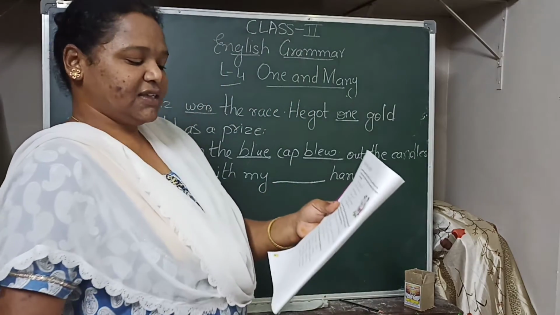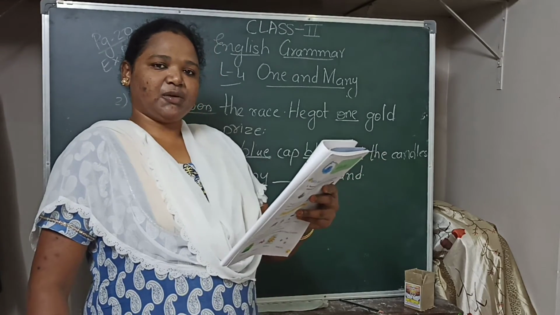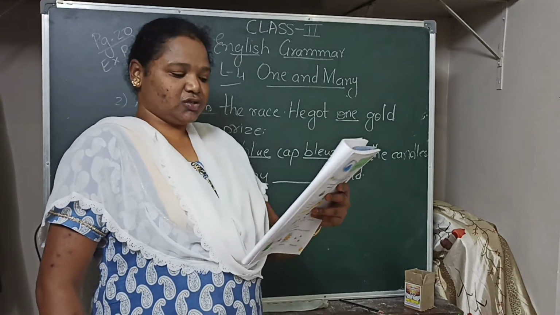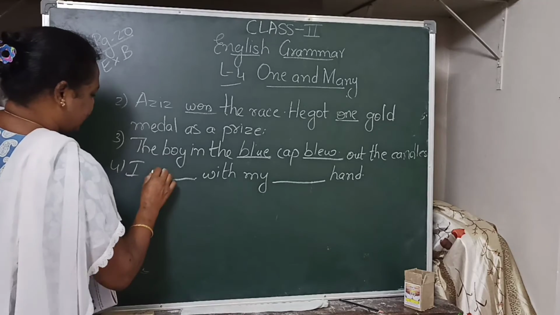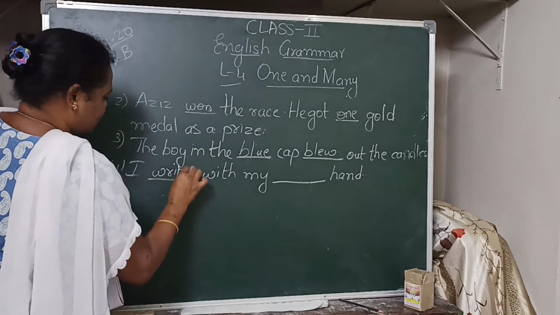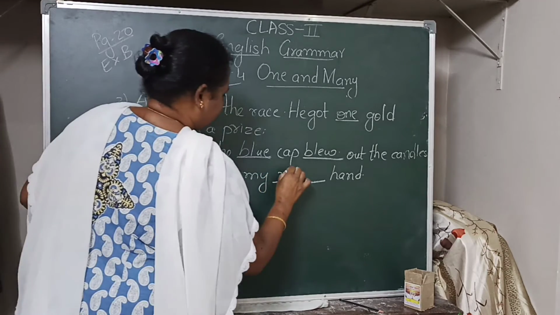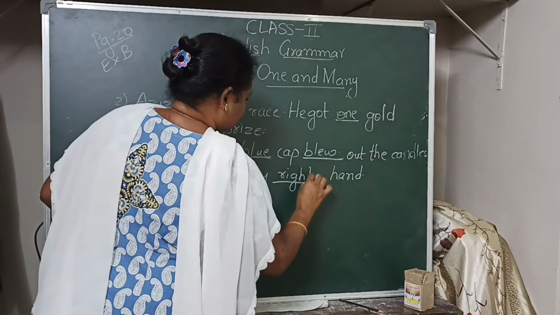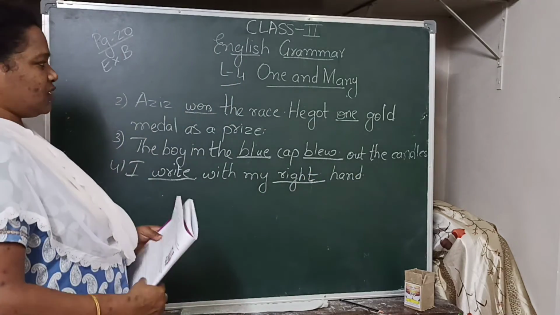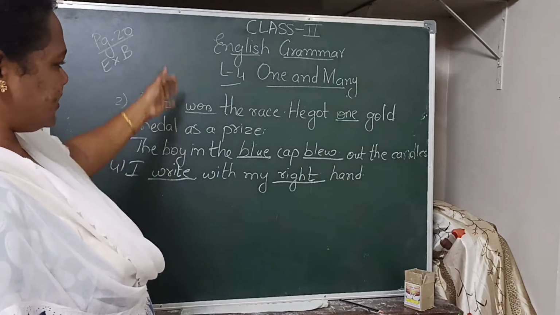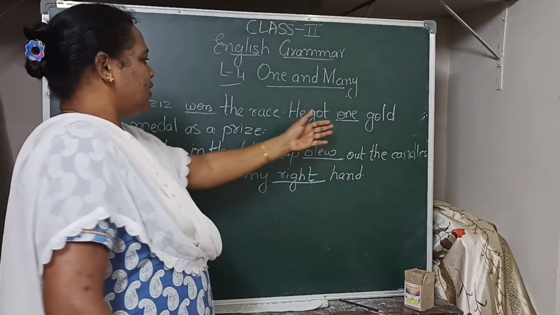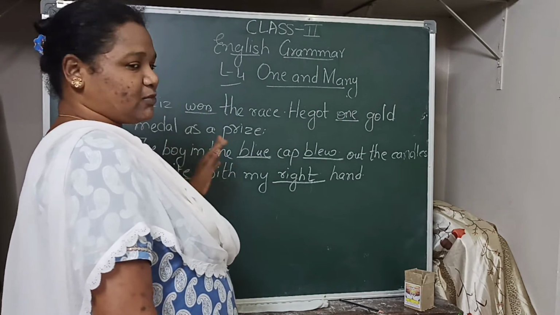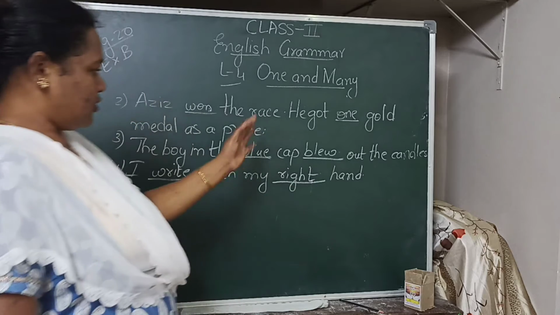R-I-G-H-T, right, and W-R-I-T-E, write. So I write with my right hand. Okay, so in these three blanks the words sound the same but their spellings are different. Okay, note it down.